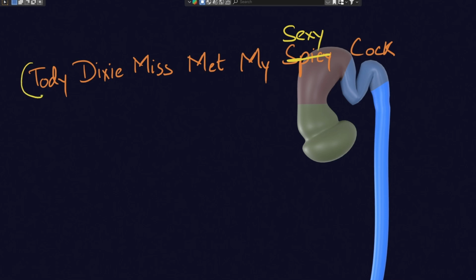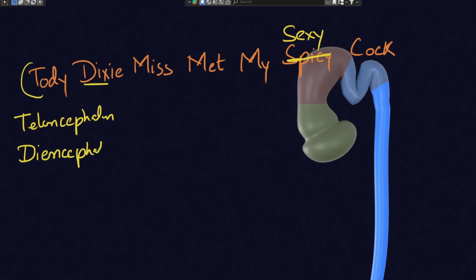So today, T for Telencephalon. Dixie or Diane or Di or whatever name you put here, you can remember that this is Diencephalon. And Miss is Mesencephalon, right?